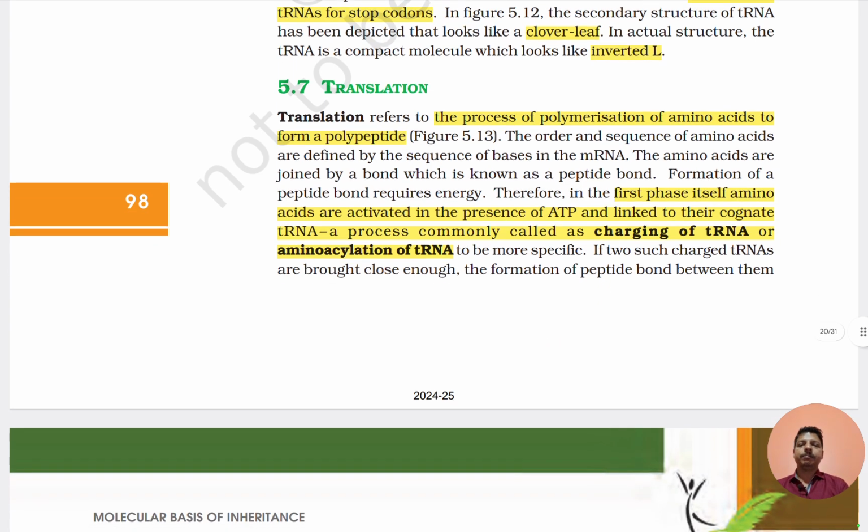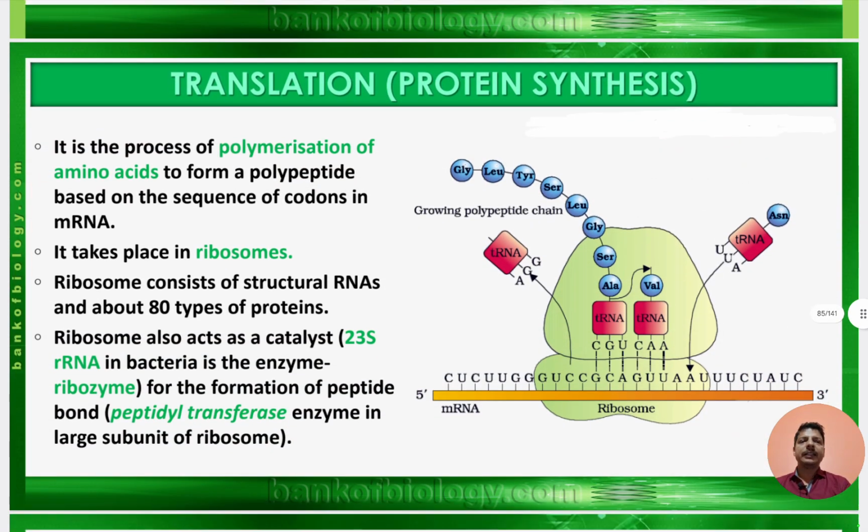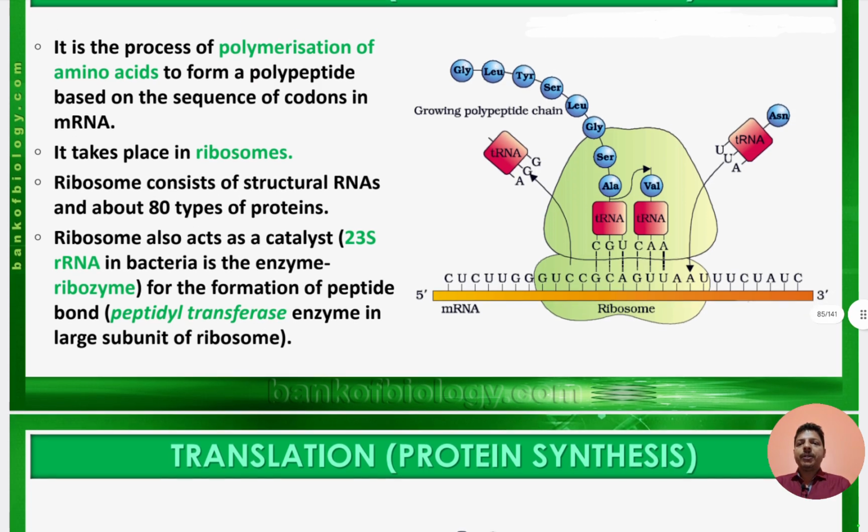Then translation. See the PDF, what it says. Translation or protein synthesis is a process of polymerization of amino acids to form a polypeptide based on the sequence of codons in mRNA. It takes place in ribosomes. Ribosomes consist of structural RNA and about 80 types of proteins.